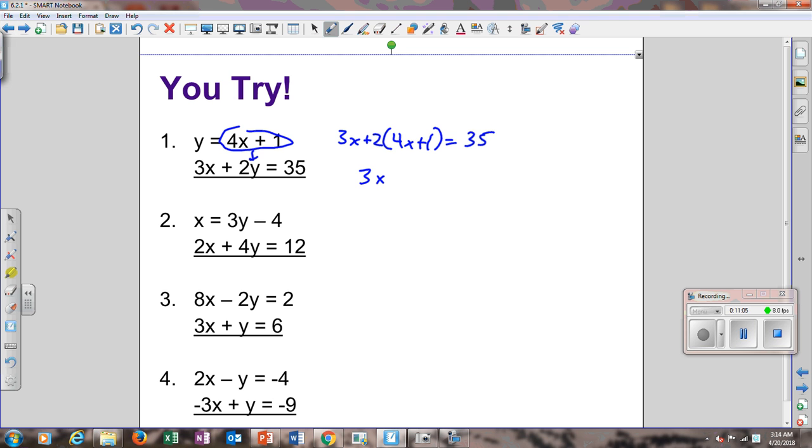Gives you 3x plus 8x plus 2 equals 35. Gives you 11x plus 2 equals 35. Subtract the 2 over, you get 11x equals 33. Divided by 11, x equals 3.